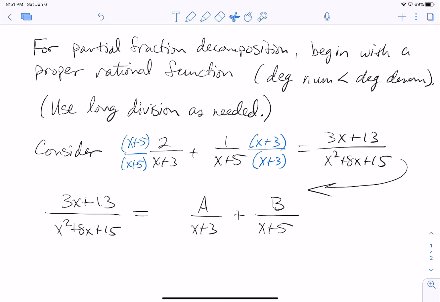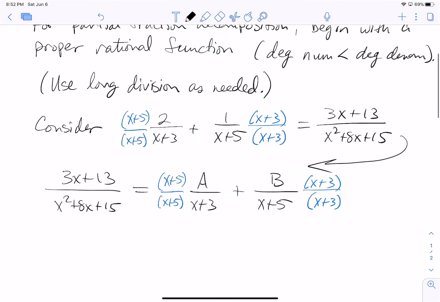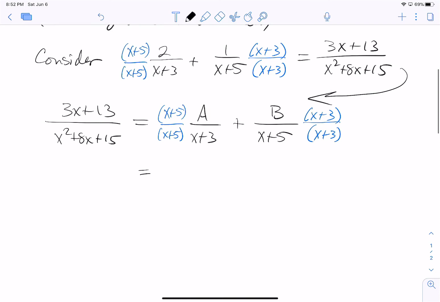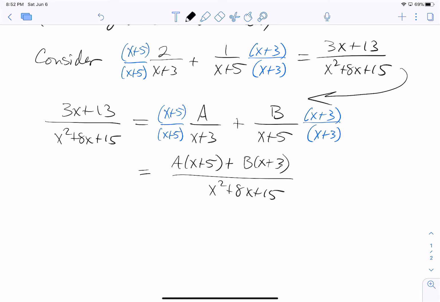Then, working as though we were adding two fractions, we would again get common denominators by multiplying the first fraction by x plus 5 over x plus 5 and the second by x plus 3 over x plus 3. This would result in A times the quantity x plus 5 plus B times the quantity x plus 3, divided by x squared plus 8x plus 15.